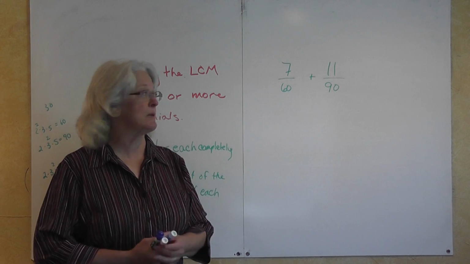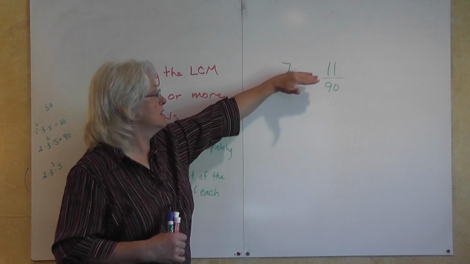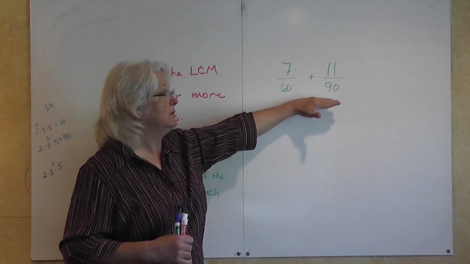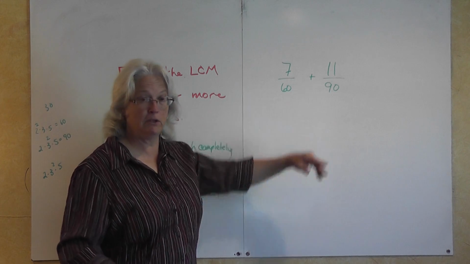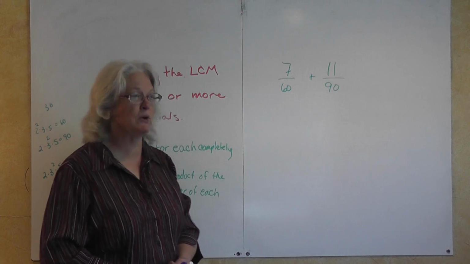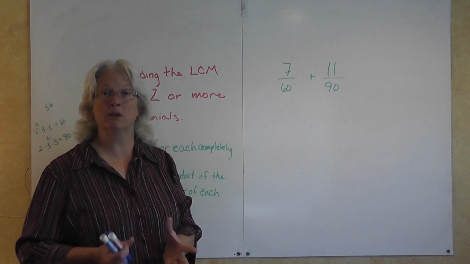Because all you knew to do at that point was just add numbers, and it was a big stretch to know that you added the numbers on the top. And since you added that, you must be supposed to add the numbers on the bottom, and you learned very quickly that was not what you had to do. But the denominators, these bottom numbers here, have to be the same.